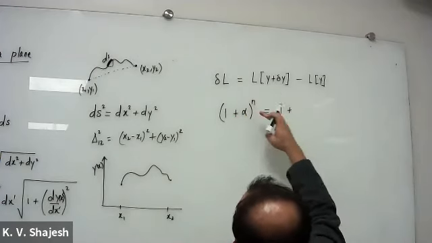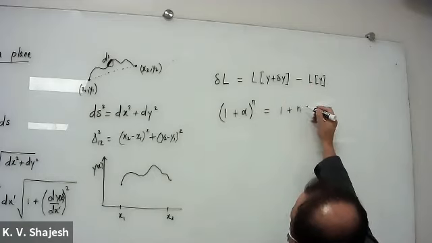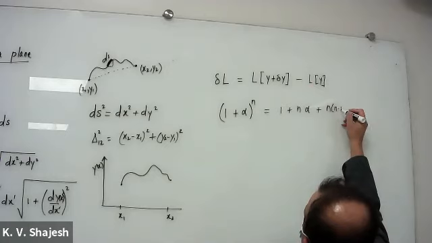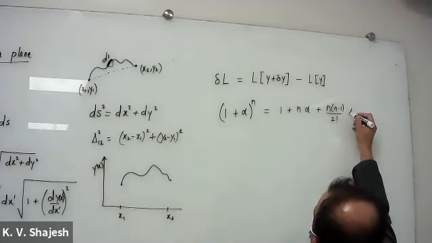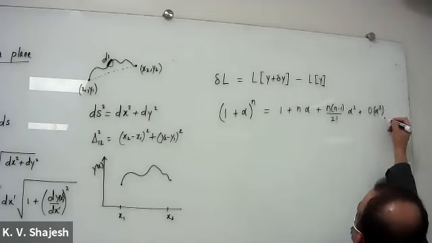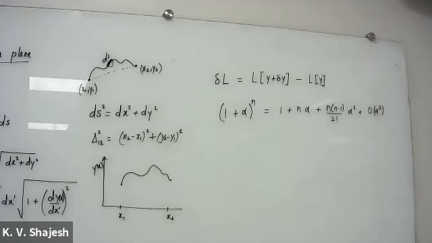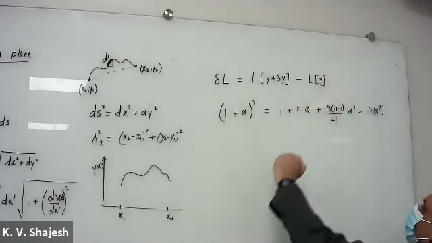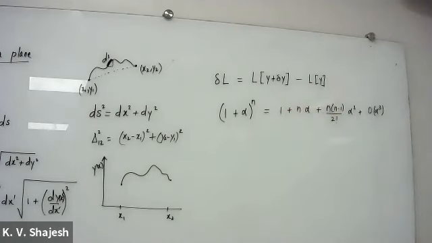It doesn't have to be an integer or any particular n. The series is n times n minus 1 over 2 factorial times alpha squared plus order alpha cube. That's what we want, only up to alpha. It's really the next to leading order, because the leading order will cancel out from L of y. I need the next to leading order. That's what the derivative always gets contribution from.